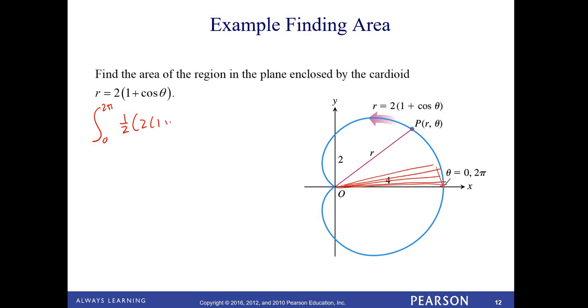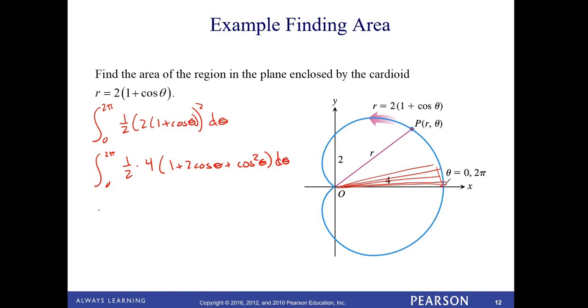So 2 times 1 plus cos theta squared d theta. Integral from 0 to 2 pi. I'm going to have to square all this. So 1/2 times 4 times, if I square that binomial, I get 1 plus 2 cos theta plus cos squared theta d theta.